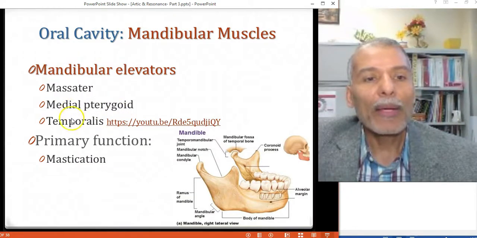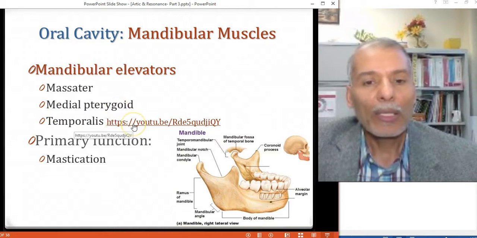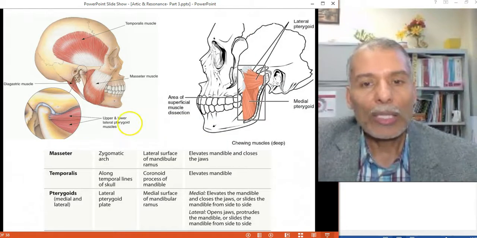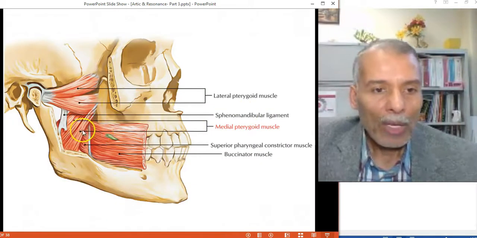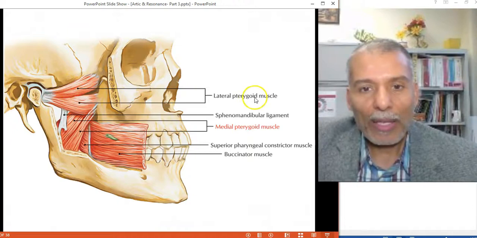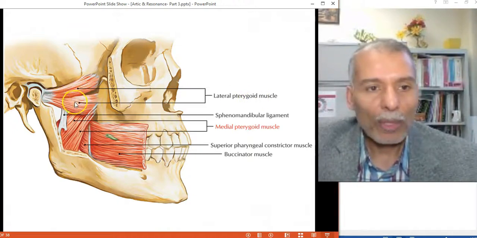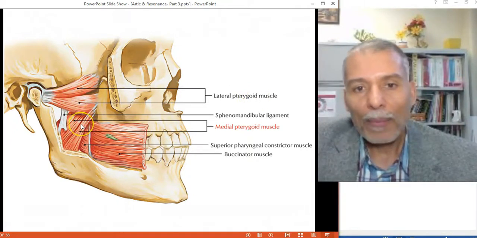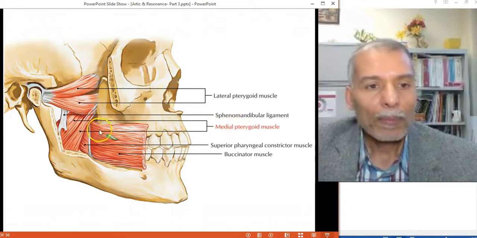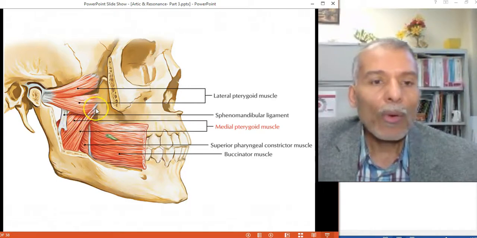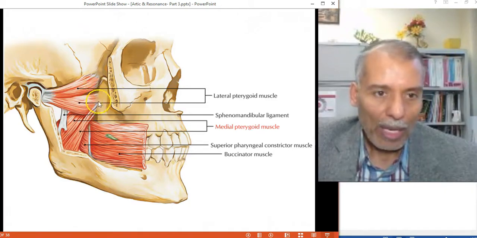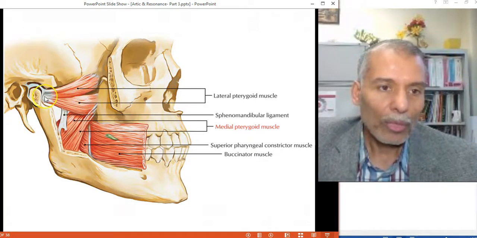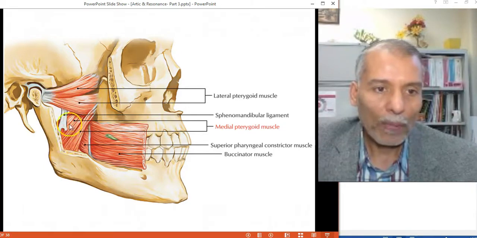And then the medial pterygoid. I have some images here. The pterygoid muscles, you have the lateral pterygoid muscle, and you have the medial pterygoid. The muscles originate here and insert onto the jaw.